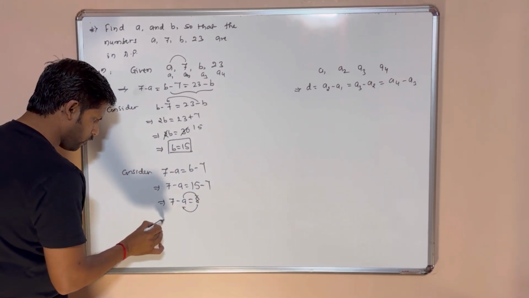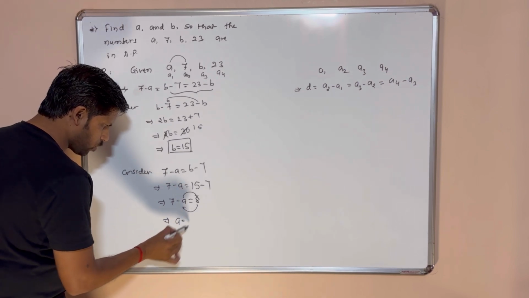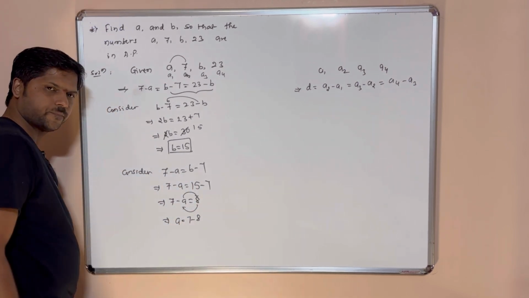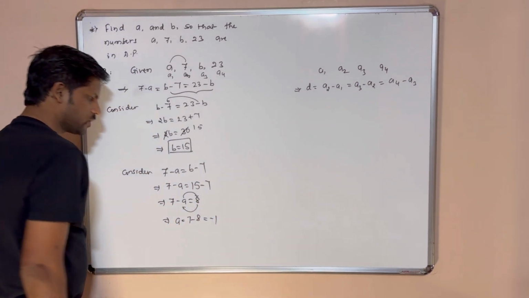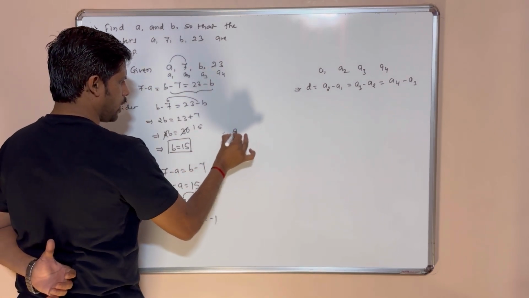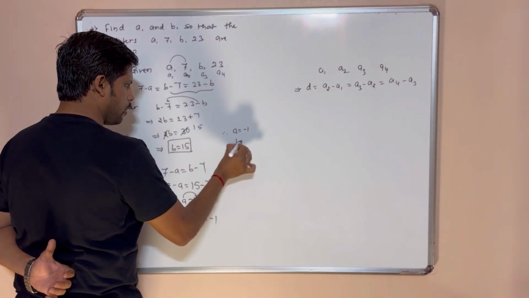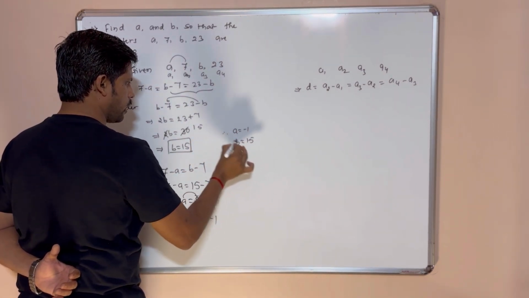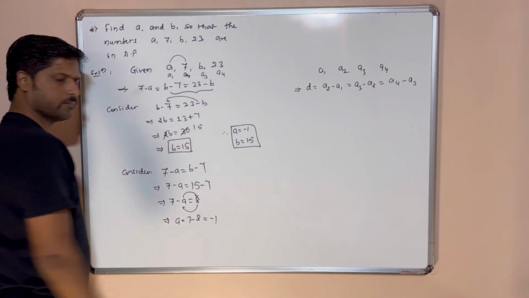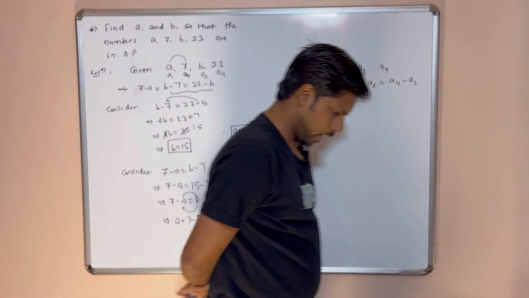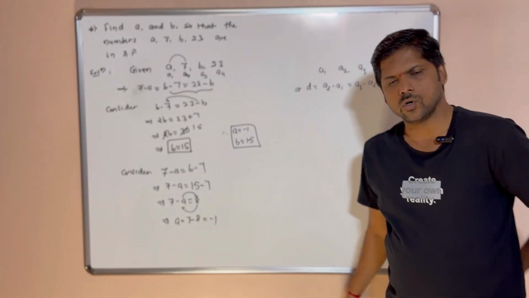Now transfer A to this side and 8 to this side. We get A is equal to 7 minus 8, that is minus 1. So therefore A is equal to minus 1, B is equal to 15. So these are the required values of A and B.